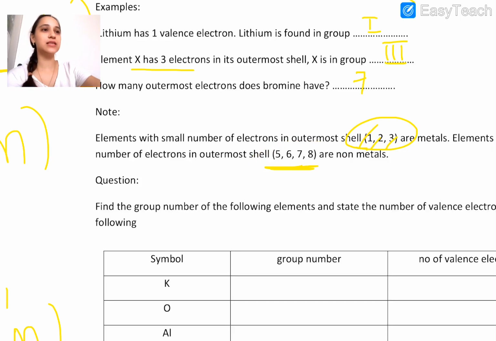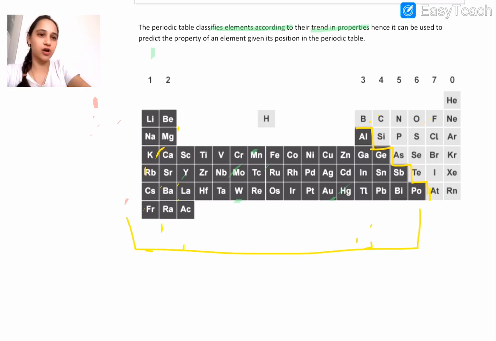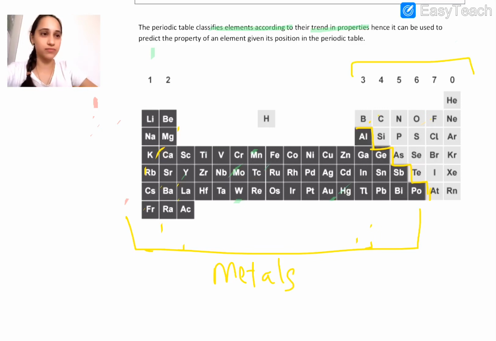So let's see the periodic table here. Okay, so in the periodic table, you see there is a staircase line. That staircase line separates the metals and the non-metals. So everything that is in dark here, they are metals, and everything over here, these are non-metals.